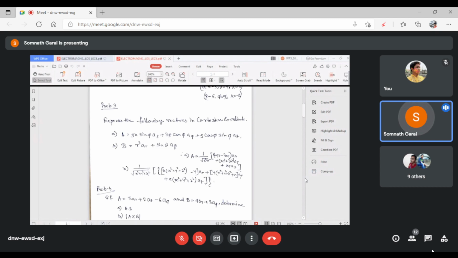You apply the same process and determine the value of the Cartesian coordinate of this problem A and problem B. Problem A is in the form of cylindrical, because unit vectors are rho phi z, and problem B is spherical coordinate system, that is r, theta and phi.